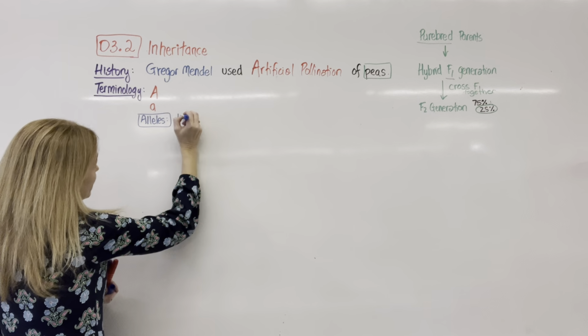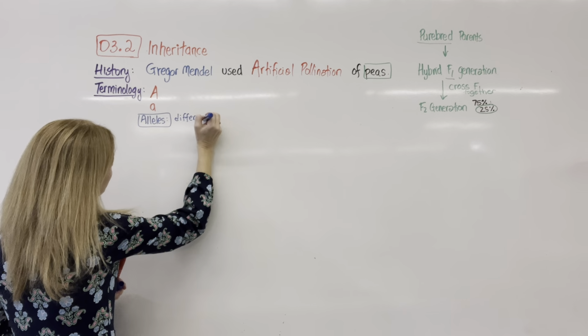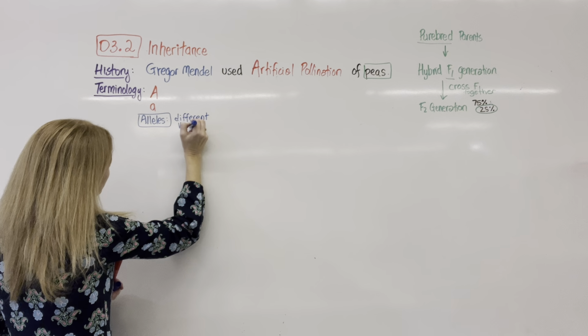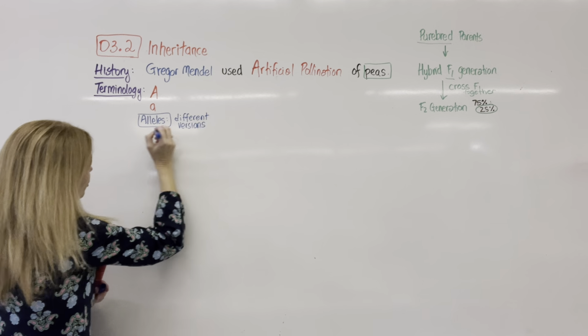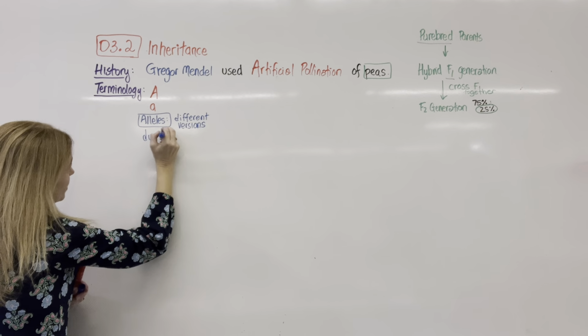So we're just going to write different versions due to SNPs, which is single nucleotide polymorphisms. I just don't have the room for all of that. So single nucleotide polymorphisms, single base differences. Again, we said that he was able to use these findings.